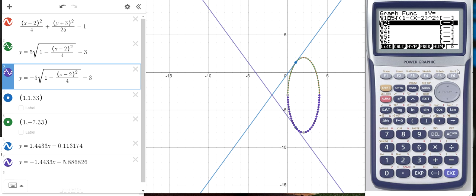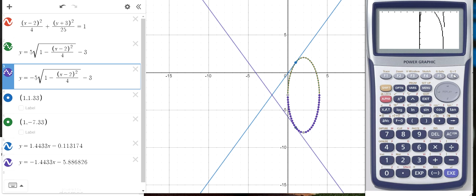So I press options first, and now calculate F2, d by dx of that expression at the top, which is 5 square root of 1 minus (x minus 2) to the power of 2 divided by 4, close the brackets, minus 3, and execute.